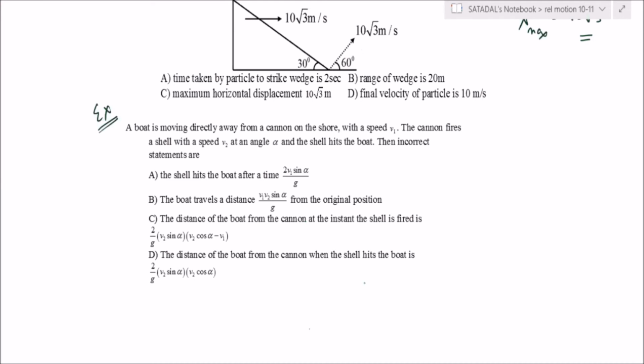A and B you still got. Okay, fine. Proceed. Vignesh. Sir, A, B, D are incorrect. Perfect. Very good, champ.